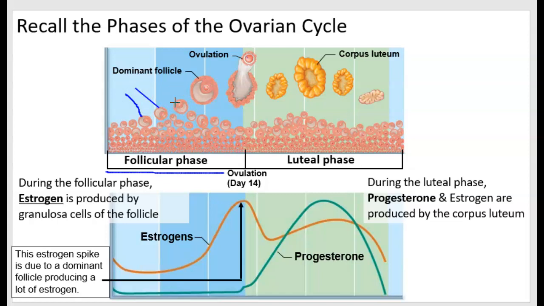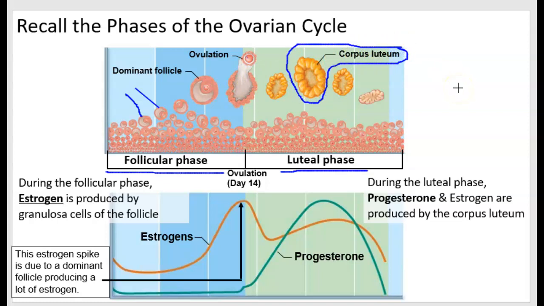They're going to change. More cells are produced. An antrum is formed. Then ovulation occurs. The second phase is called the luteal phase. In the luteal phase, once ovulation has already taken place, there's no need for these follicle cells to do the same thing anymore. Instead, they form the corpus luteum.